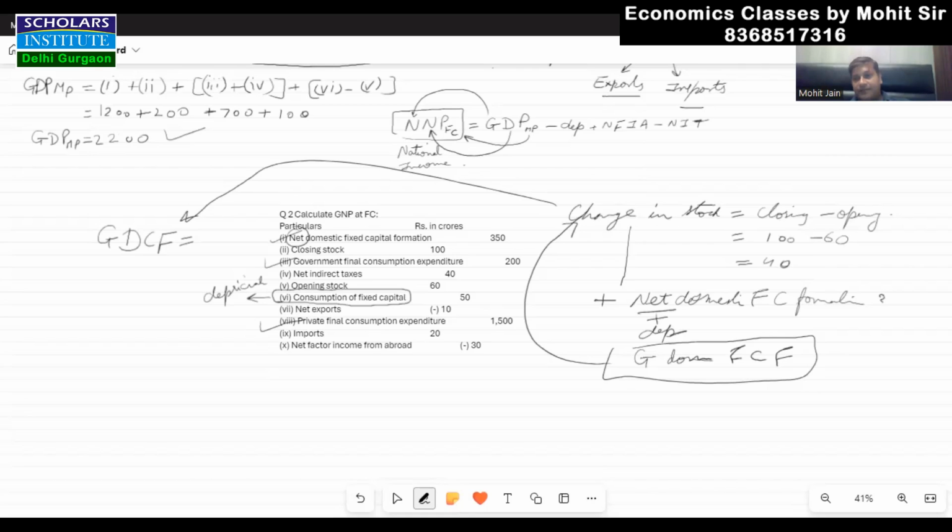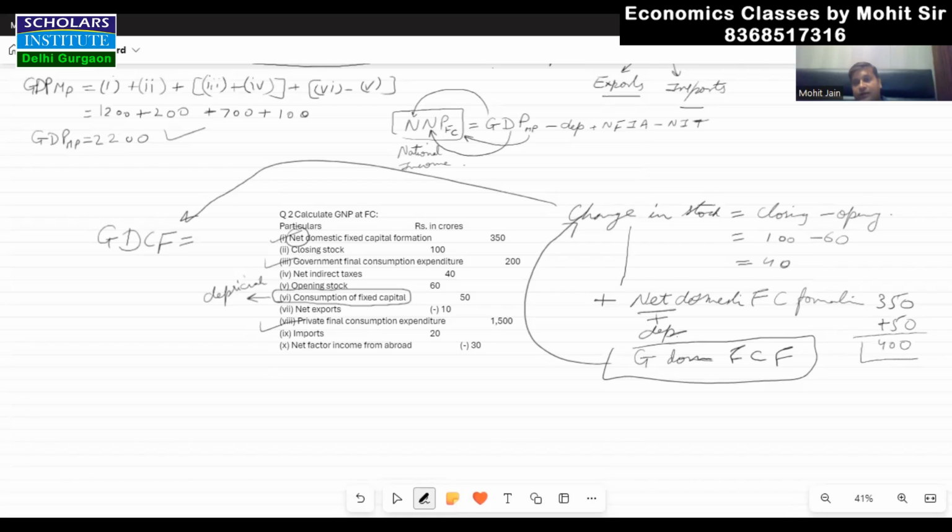This is 350, and depreciation, that is consumption of fixed capital, is 50. So plus 50, what you get is 400.